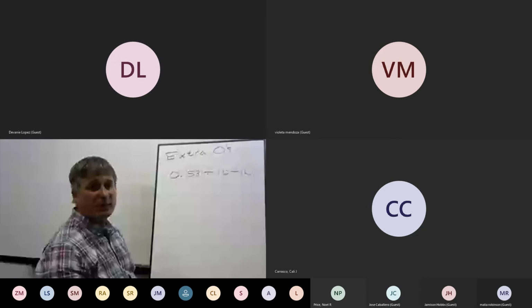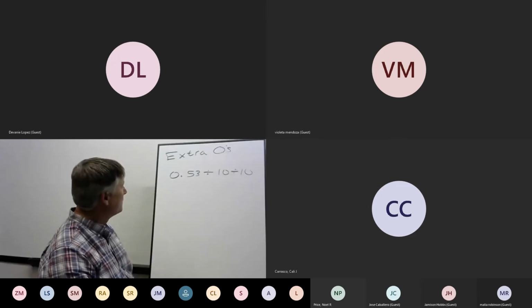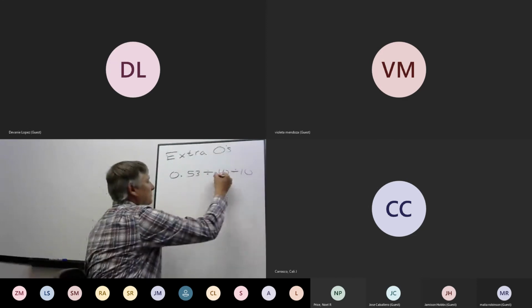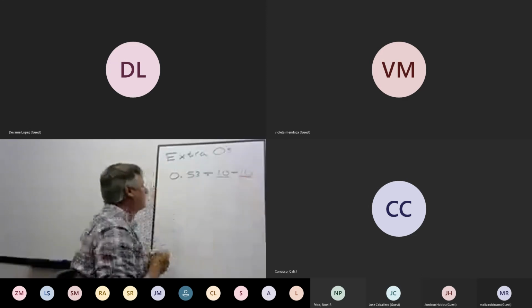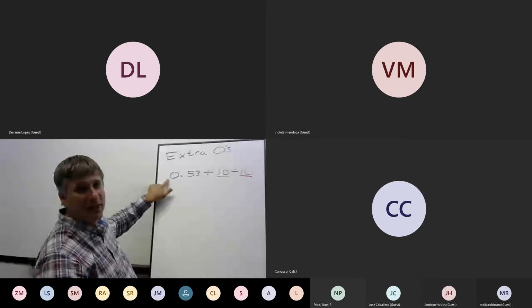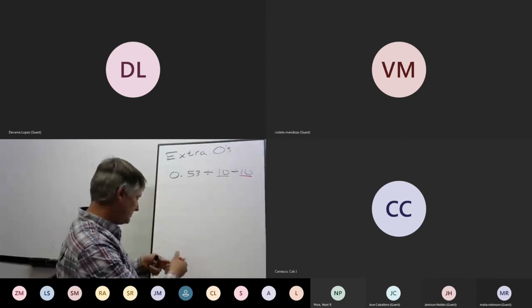Well, this means I move my decimal 2 spots to the left. So I've got my 210. I can move my decimal 1 spot to the left, but then it seems like I run out of numbers. So what I'm going to do is this.